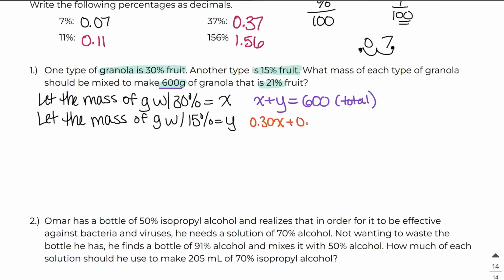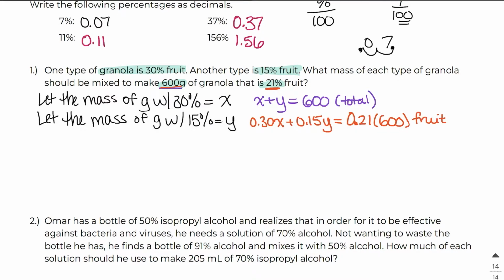The second type of granola is 15% fruit. And altogether, 21% of the 600 grams of granola is fruit. So this fruit and this fruit together will equal the amount of fruit that we have, which is 0.21 times 600.